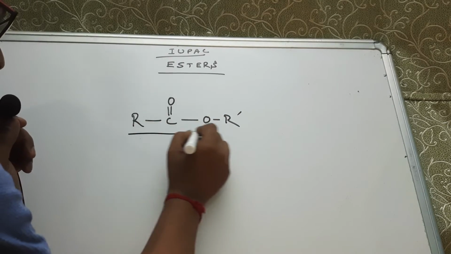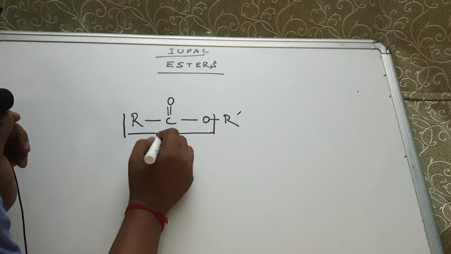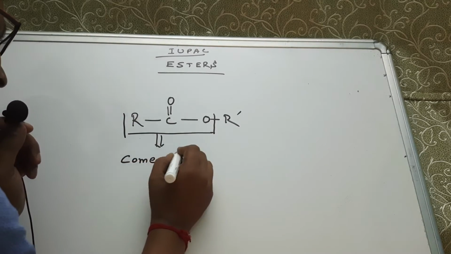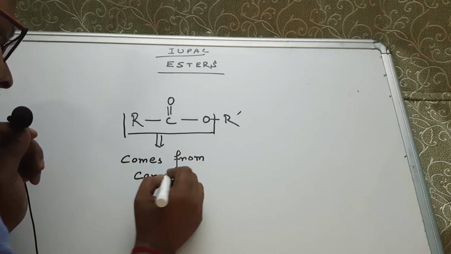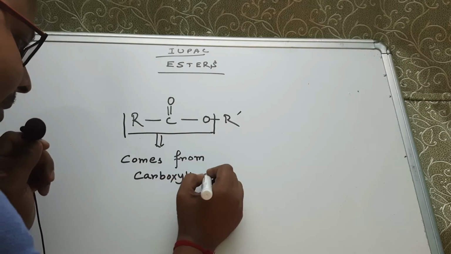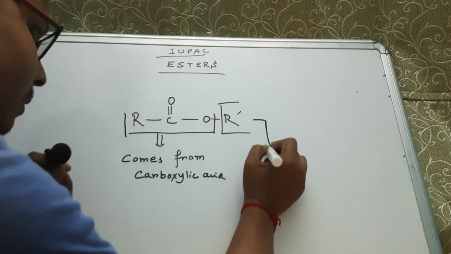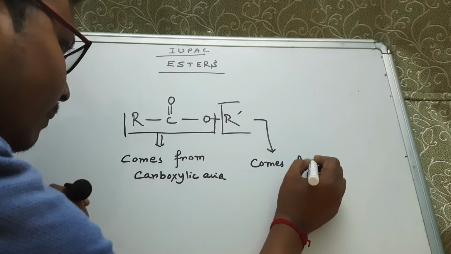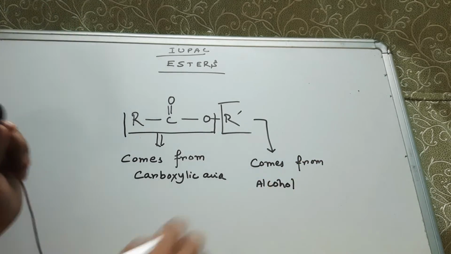So that portion comes from carboxylic acid and that portion comes from alcohol.